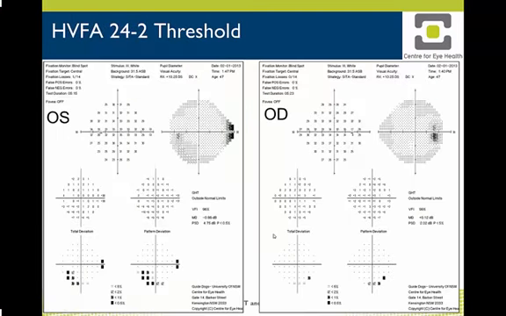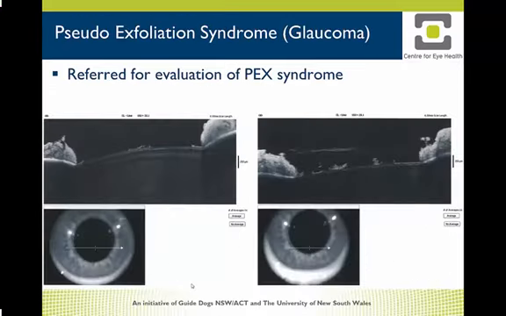If you look at the visual fields, the left eye has a classical arcuate visual field deficit. The right eye, potentially the beginning of one, but certainly there is a repeatable visual field change in the left eye that corresponds to the anatomical change. Now in this patient here, we can do an OCT.